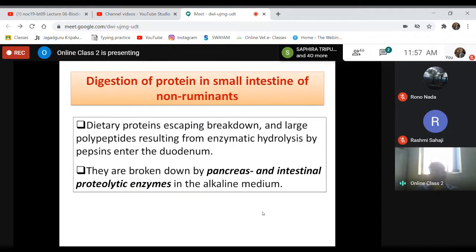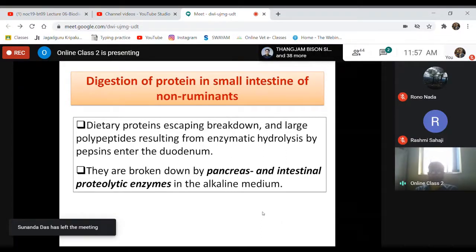Digestion of protein in the small intestine. In the small intestine, protein will be digested with the help of pancreatic proteolytic enzymes as well as enteric, or intestinal, proteolytic enzymes. Pancreatic proteolytic enzymes are also secreted in inactive form, so they will be activated in the duodenum, and after that there will be digestion of protein.